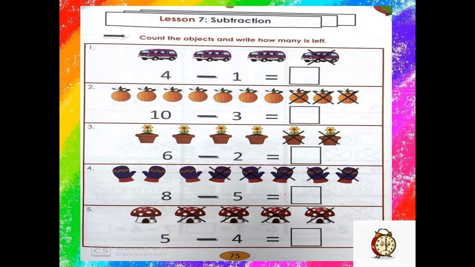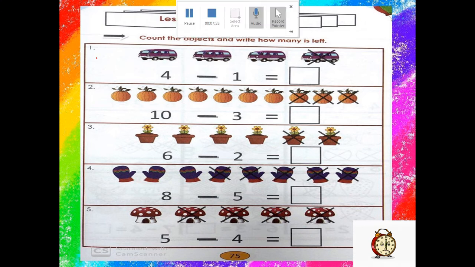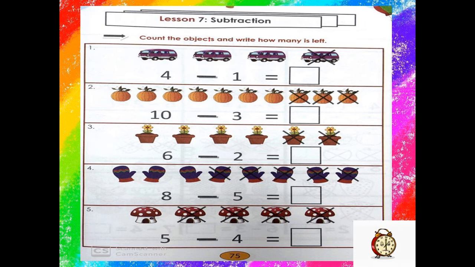Okay, so this time I want you to open your Rainbow Math book. I want you to open it on page 75 and we are going to answer this page. Okay, so let's count the objects and write how many are left. So let's take number 1.